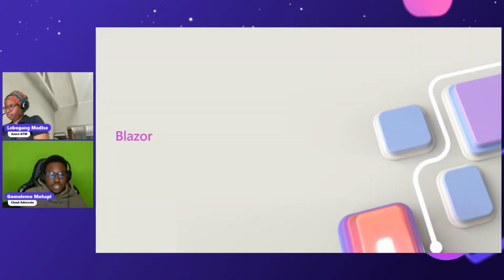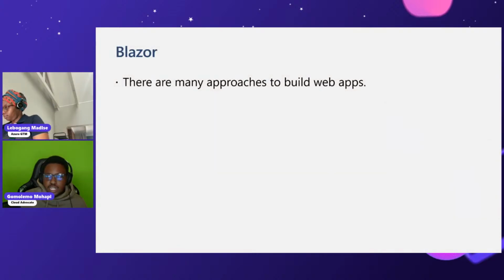So let's quickly do a crash course on what Blazor is and why it's useful. Typically, when you are building web apps, there are many approaches to building web apps, right? And one of those approaches, especially when you're building full stack web apps, is to use JavaScript for your front end, for your client side.